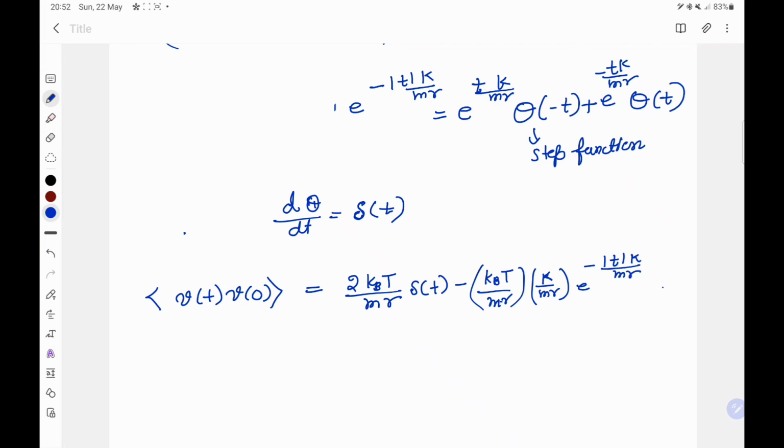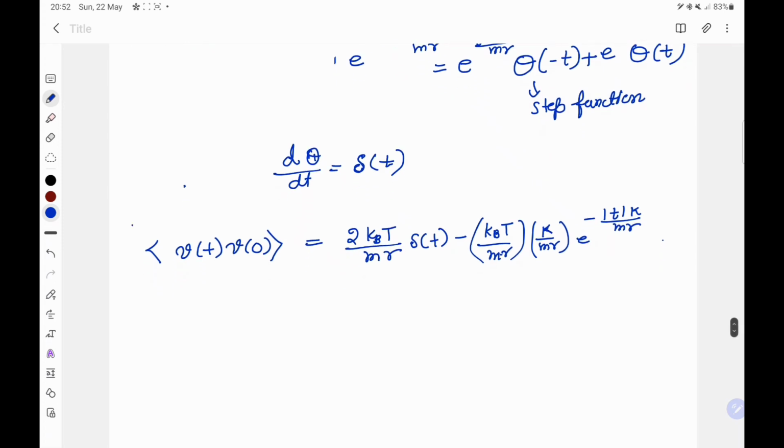Okay, so this is the expression for the velocity correlation.